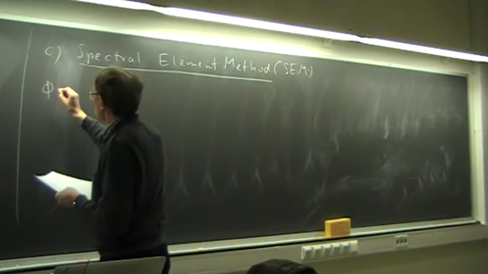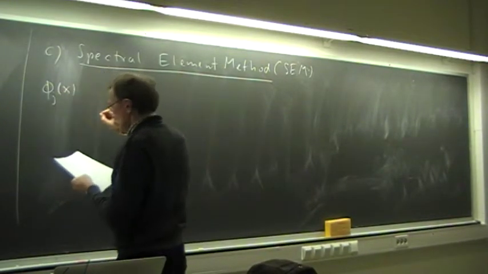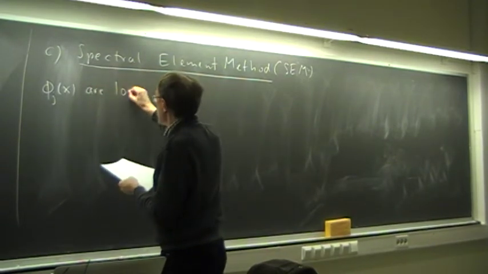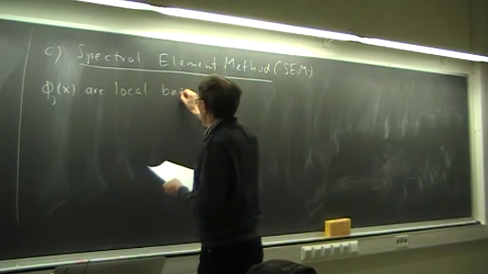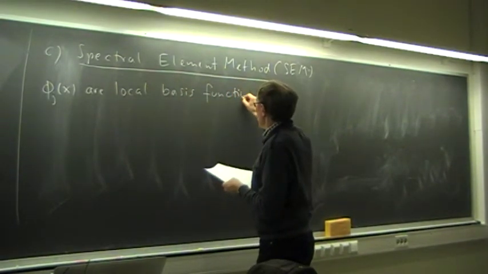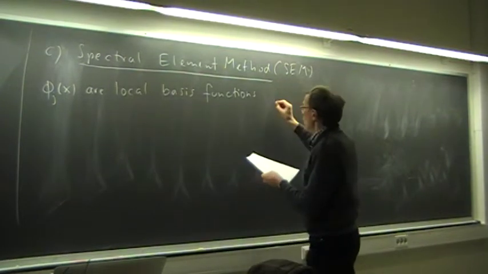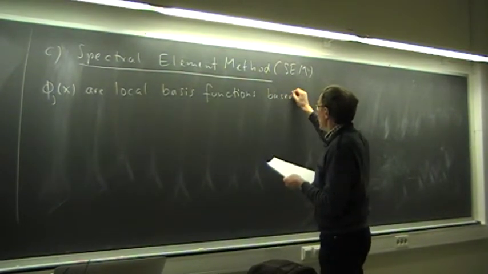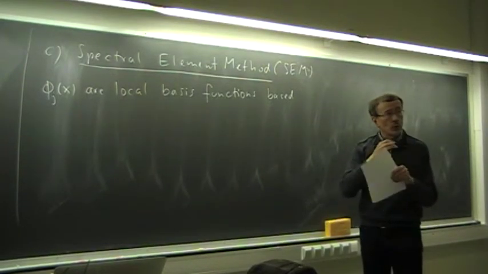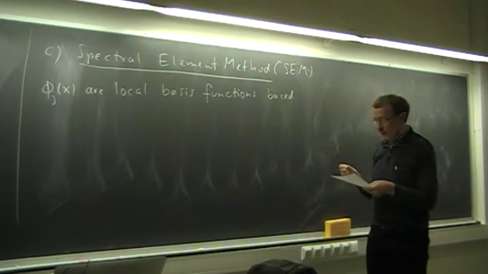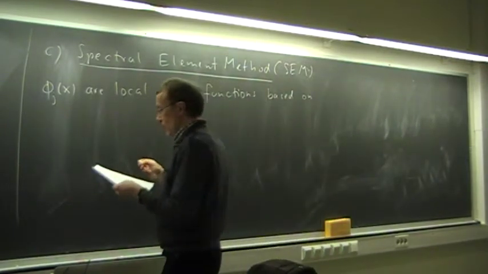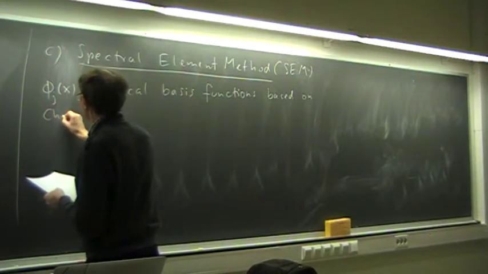So in the spectral element method, the basis functions are local basis functions. So that is common with the finite element method. But these are then not simple polynomials, but so-called orthogonal polynomials that have nice mathematical properties, and that are in fact the Chebyshev or the Legendre polynomials.